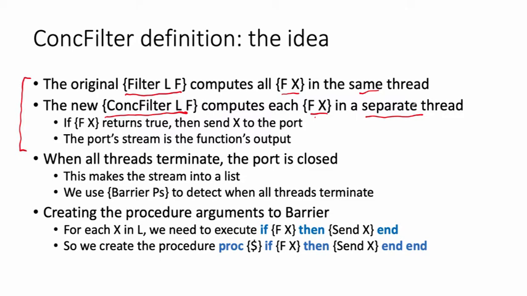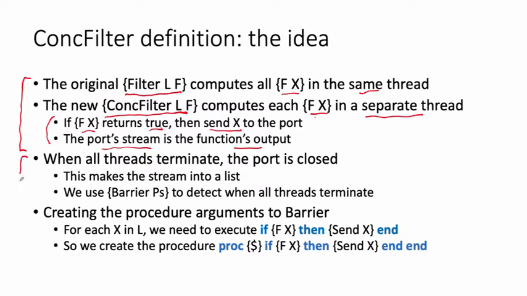Each f of x will be run in its own thread. So if x is unbound, then it's that thread that will block and the main thread will not block. If f of x returns true, then we send x to the port and x appears on the stream. The port stream will be the function's output.